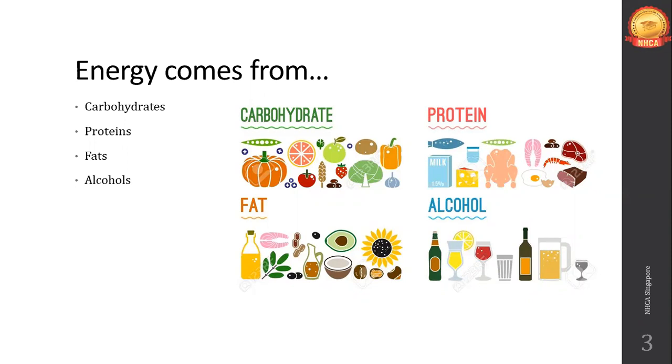You take your cereals and pulses. Cereals and pulses are not just a source of carbohydrates. They do have a certain amount of protein as well as fats as well as other micronutrients. Micronutrients won't give you energy, but the macronutrients, that's carbohydrate, protein, fat, and alcohol, provide you with ample energy to survive. So this is where your energy comes from.